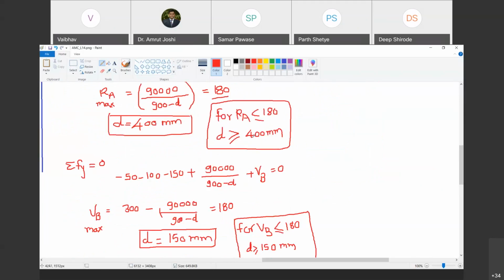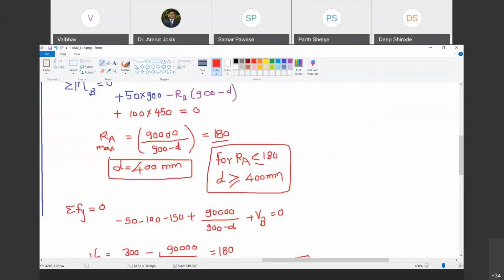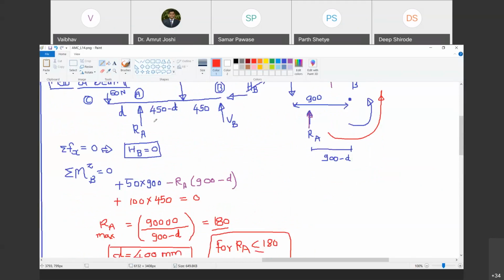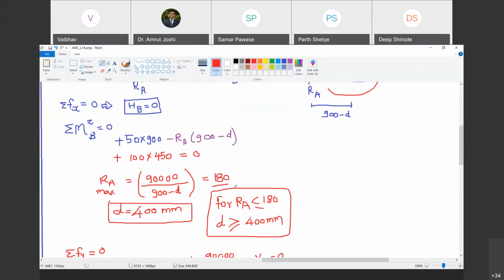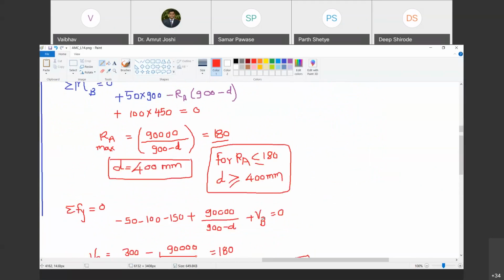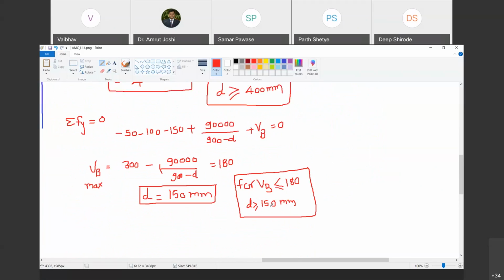So for RA to remain within 180, the condition is DA should be greater than 400. And for VB to be less than 180, what is the condition? D should be greater than 150.